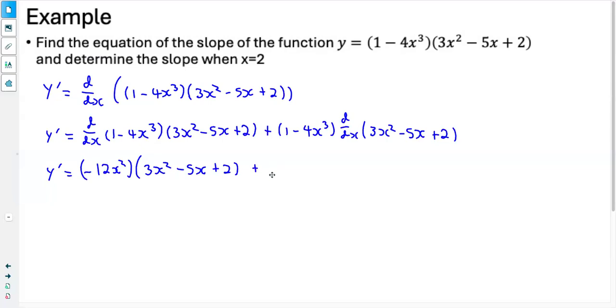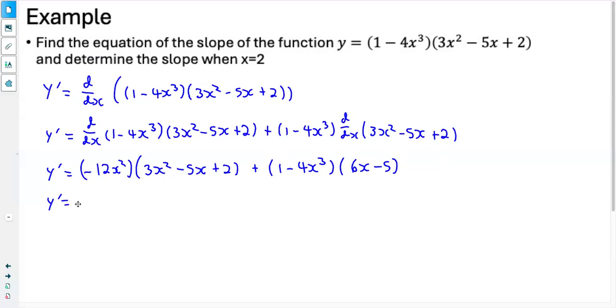And then we have plus 1 minus 4x cubed times the derivative of this. So the derivative of this would be 6x minus 5. Okay, so our next step is to multiply this out.